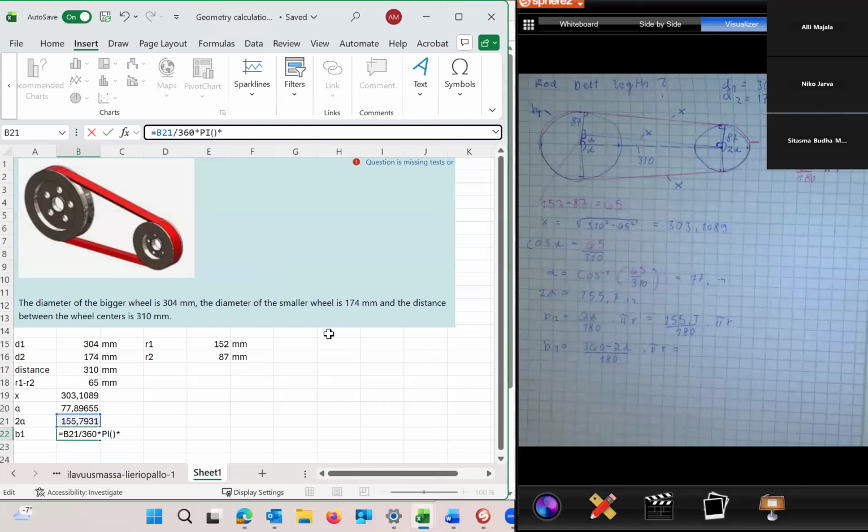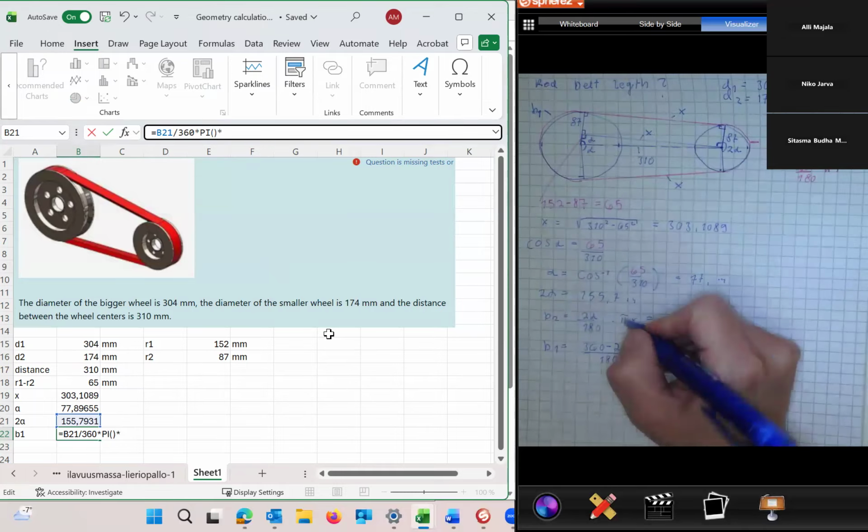And of course I have to put there the R, which should be the R1.